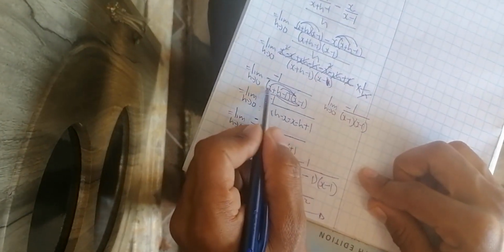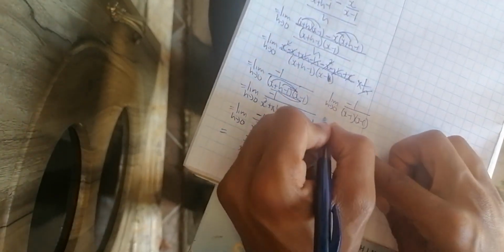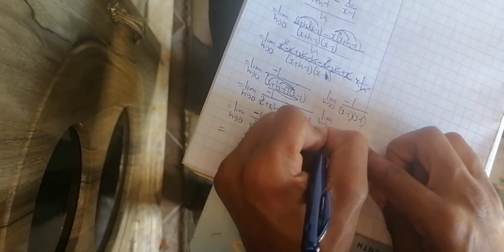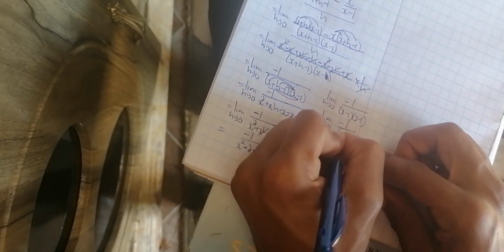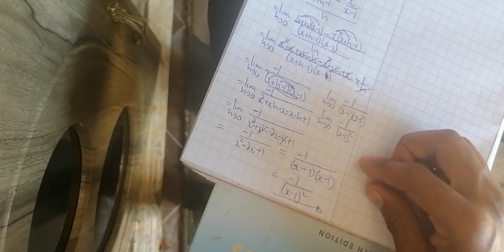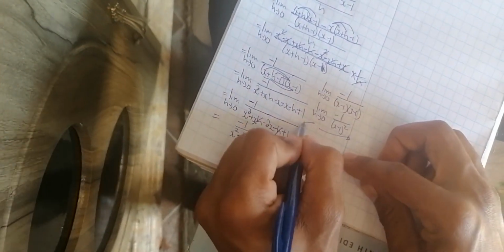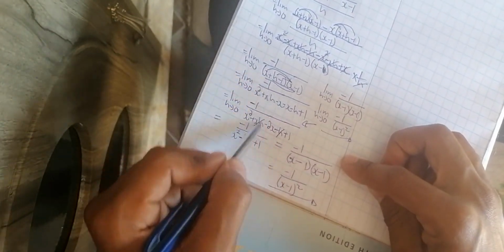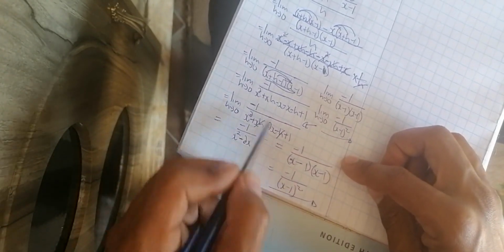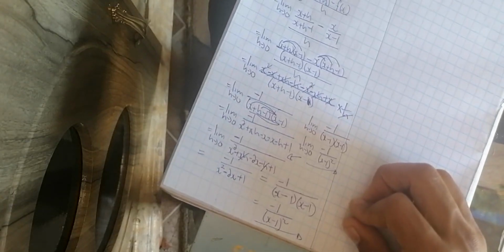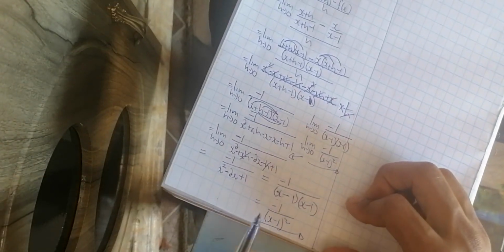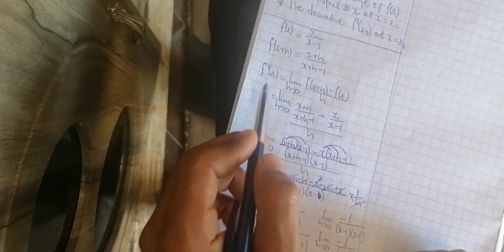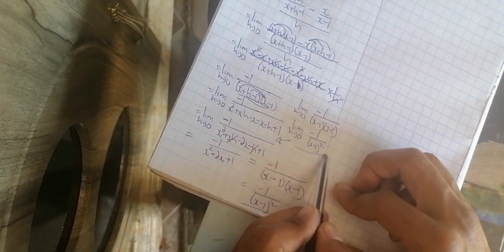If this becomes 0, you have x minus 1, which is the limit as h approaches 0 of minus 1 over x minus 1 squared. Please do not go for this path. It's a tiring path, very tiring. So don't go for this, just simplify it in this way. Right, so that would be the derivative, f prime equals this.